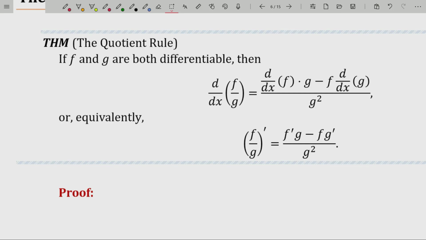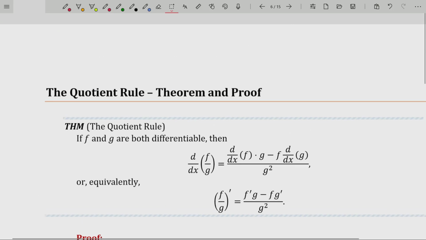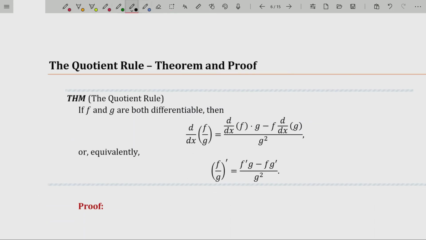The quotient rule is kind of an awkward rule. Remember, the product rule told us that, in Lagrange notation, the derivative of the product of f and g is f prime g plus fg prime, and I write it in that order every single time.